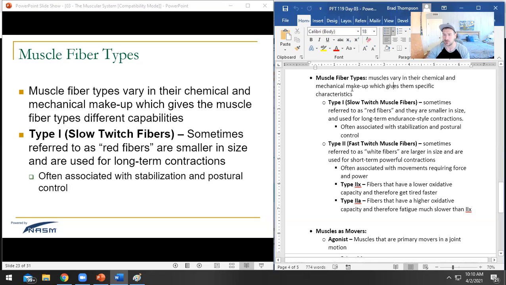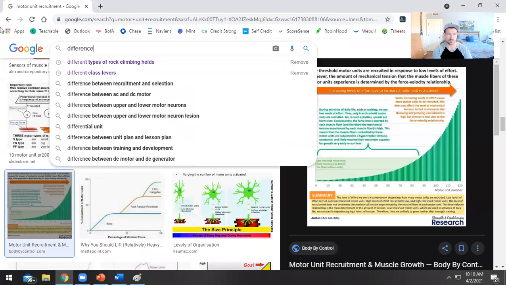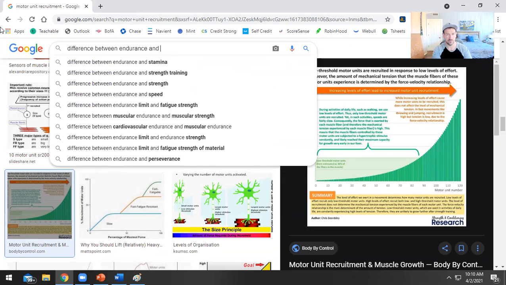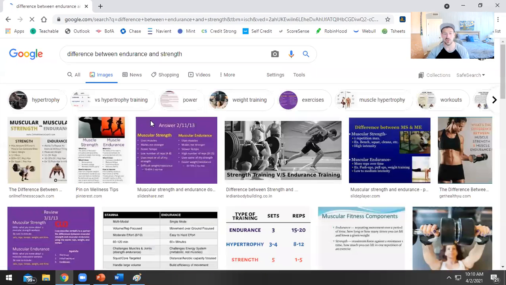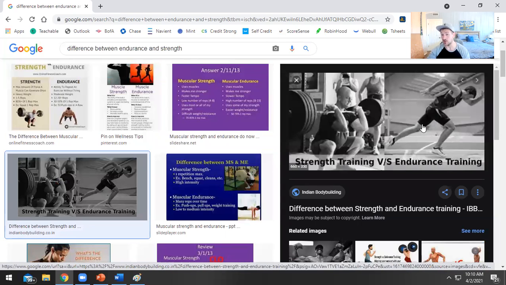They're going to have characteristics, right? And that's going to give them specific things that they can do. If you look at the difference between endurance and strength, right? You look at somebody like this, a pretty skinny dude, and over here is a little bit more muscular.